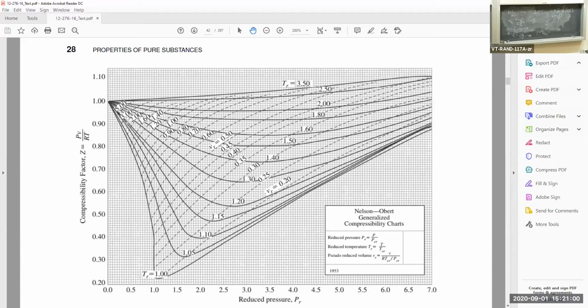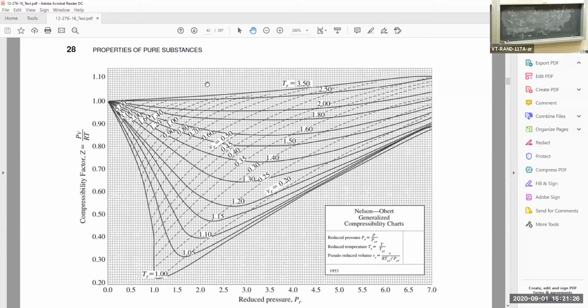Looks to me like I get about 0.9 for Z. Somewhere right about here. You could use a pencil and a ruler and probably get a better result. But it looks to me like Z is going to be about 0.9. Okay? Maybe a little higher, maybe 0.91. I guess it's probably 0.91.